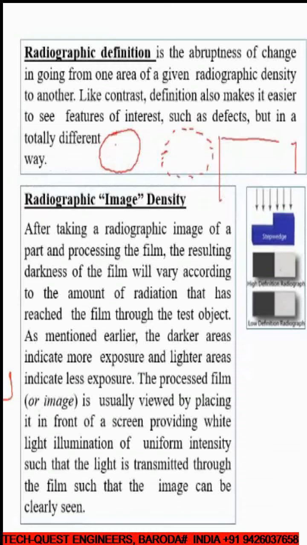Say you have this as your radiograph and something small is visible over here, and we have another radiograph where we are getting a clear picture. So this is called poor definition, this is called high definition. Here the meaning of definition is clarity of the object or shape that is visible on the radiograph. That is called radiographic definition, and it is not about the definition of radiography.